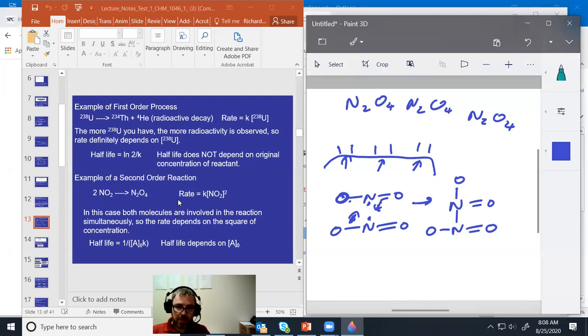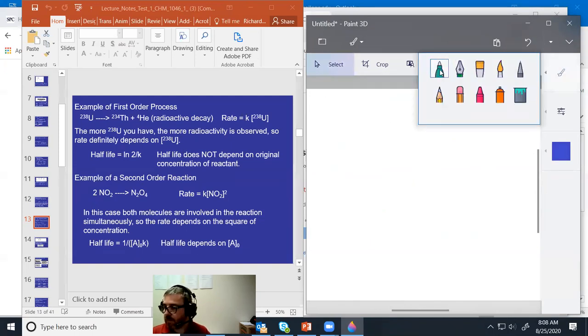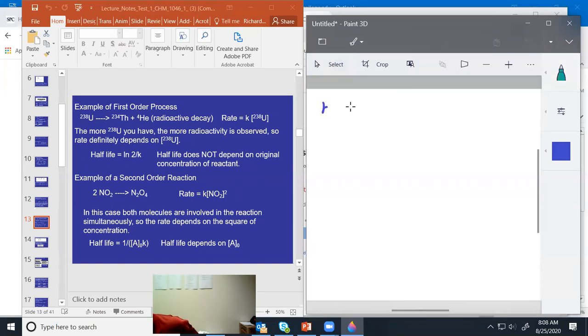Now, the other concept we're going to be talking about here is half-life. Now, half-life, you've probably heard the term before, especially in relation to radioactive processes. The definition of half-life, I'll write it down over here on the board, is the time taken to have half of what we started with.